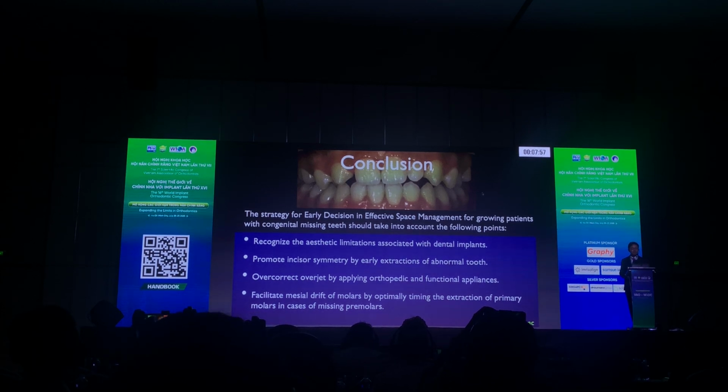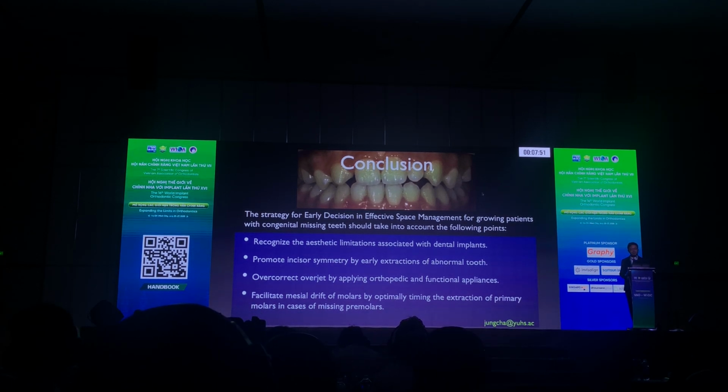We need to promote incisor symmetry by early extraction of the abnormal tooth. And we need to overcorrect the overjet by applying orthopedic appliances. This is helpful for space closure in the future. And the final thing is to try to facilitate mesial drift of the molar by optimally timing the extraction of the primary molar in case of a missing premolar.